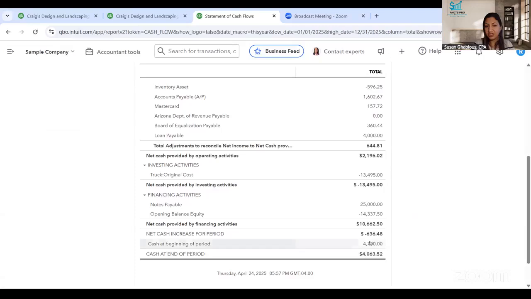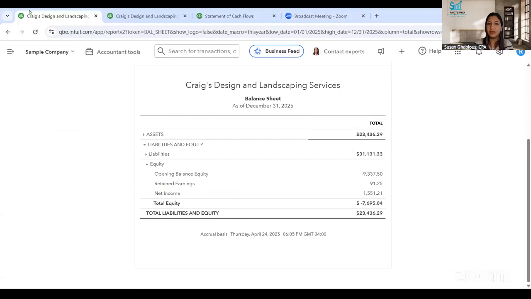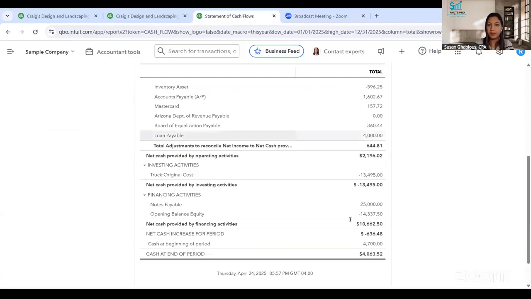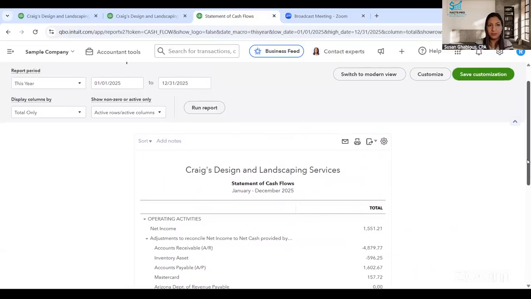This is the cash at the beginning of the period, and this is the cash at the end of the period. And this should be matching what you got in the bank account as of this period.